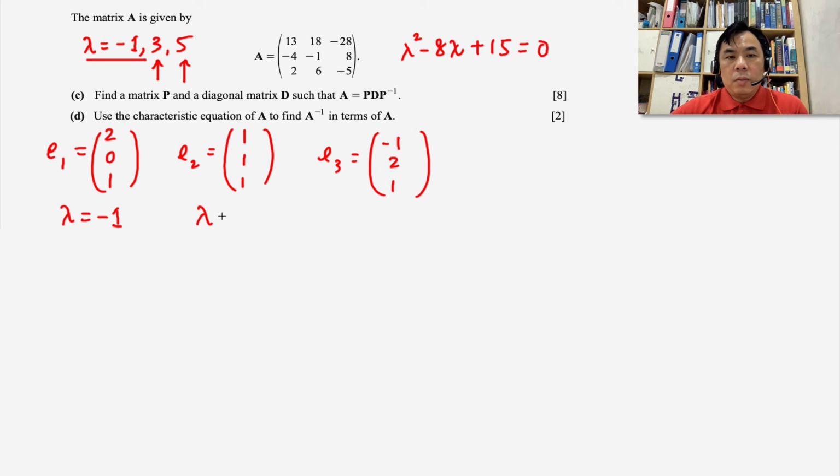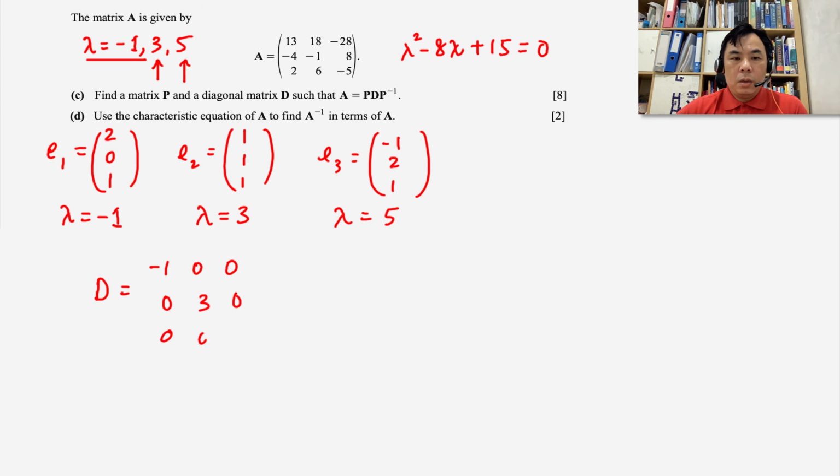This is the eigenvector that corresponds to eigenvalue 3, and finally this is the eigenvector that corresponds to eigenvalue 5 here. All right, and then how do we finalize the P? Before that, I'm going to write down the diagonal matrix one more time, just as a reminder or reference in this case.